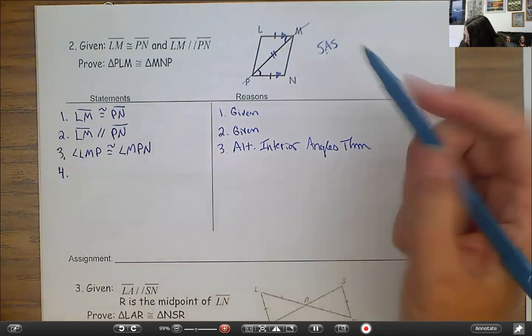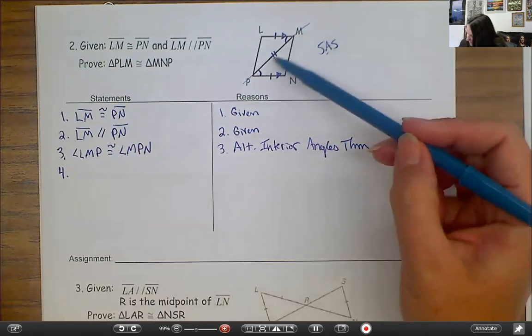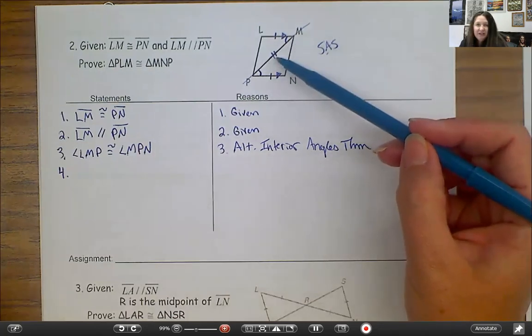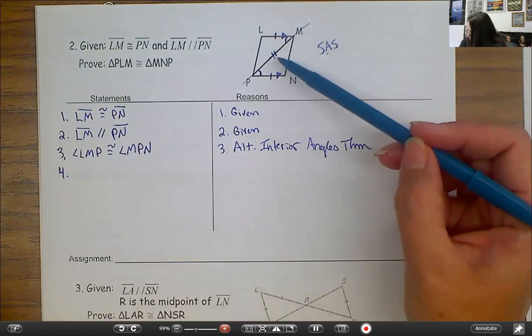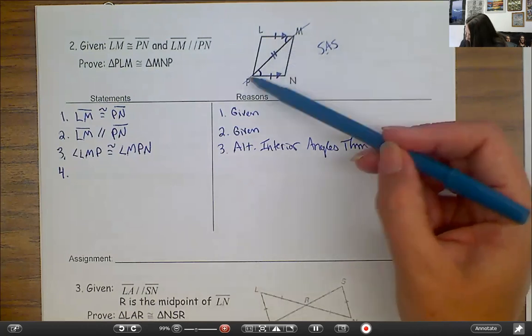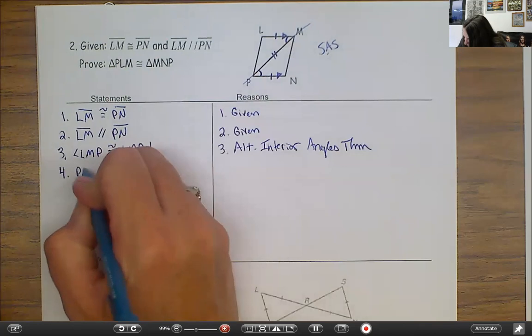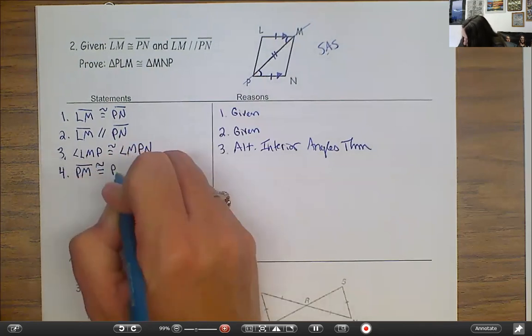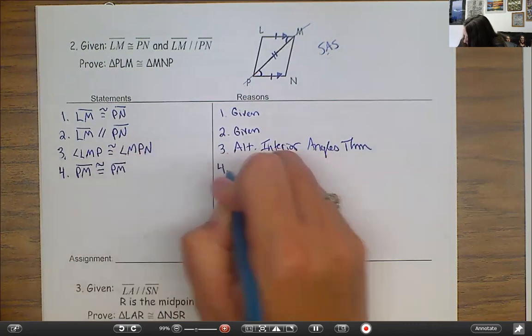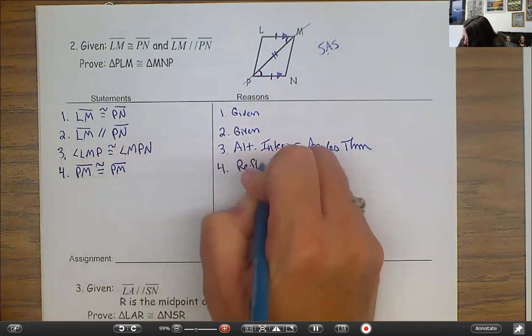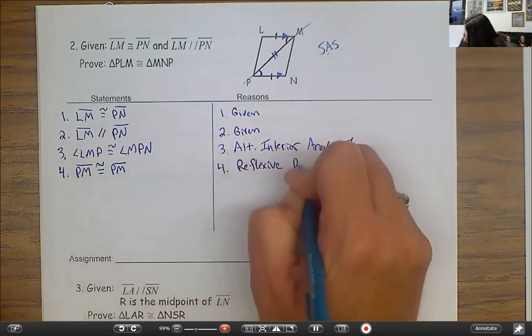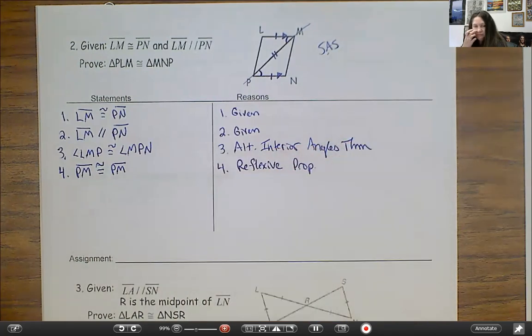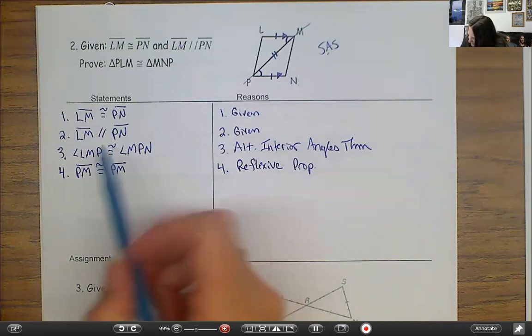Then if I look at my picture, there was one more thing that I assumed here would definitely be true, and that's that shared side. So PM would be congruent with PM. And there's my reflexive property, because that shared side is equal to itself. And then I take a look.